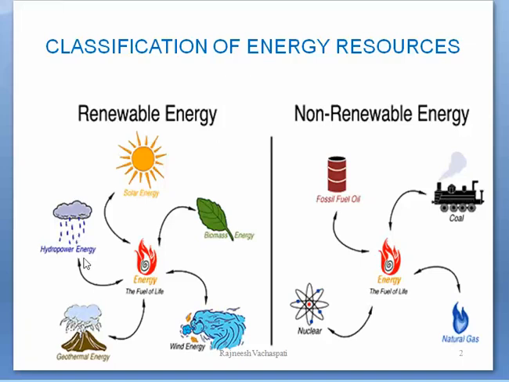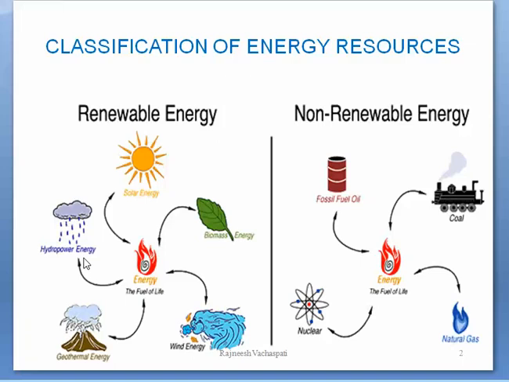The non-renewable energy comes from sources that will run out or will not be replenished for thousands or even millions of years. Most sources of non-renewable energy are fossil-based fuels.